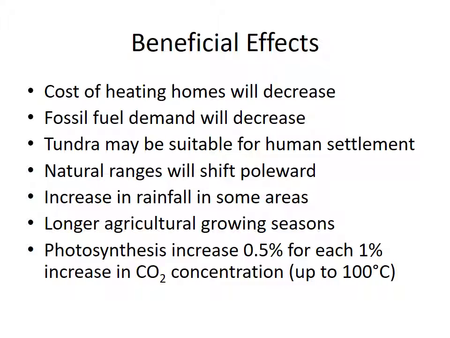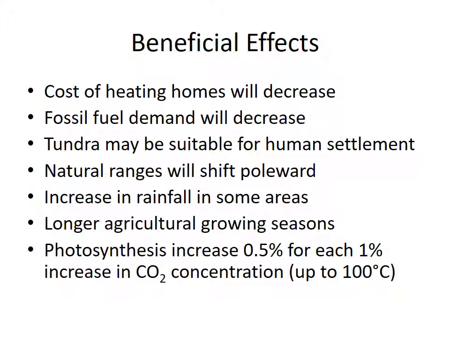There's going to be a much longer agricultural growing season for the mid-latitudes and the upper latitudes. We may be able to grow crops for 2 to 4 months longer each year. So we may be able to do agriculture almost year-round. That is a massive benefit that will allow us to feed more people.